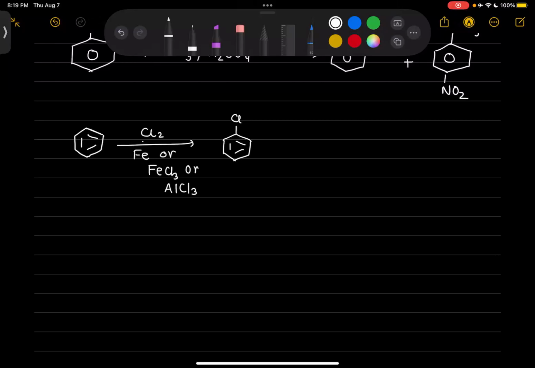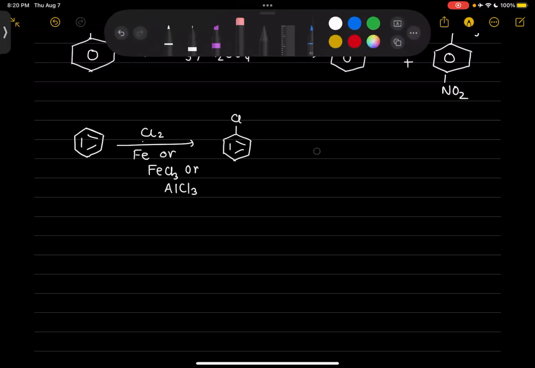Though there are a lot of other Lewis acid catalysts like SbCl5, SnCl4, ZnCl2, they are less commonly used. If you take Fe, it reacts with the chlorine and forms FeCl3. That is one and the same thing, right? Is it clear?